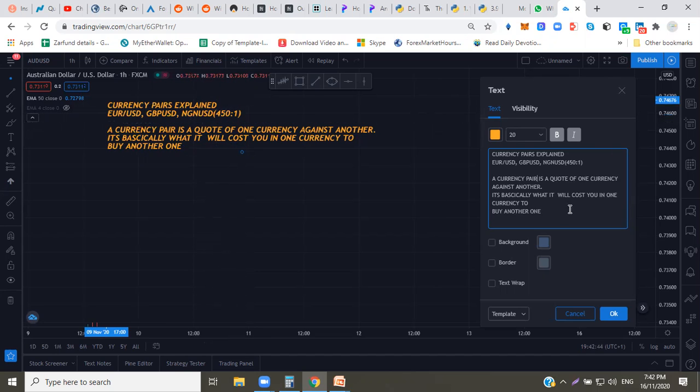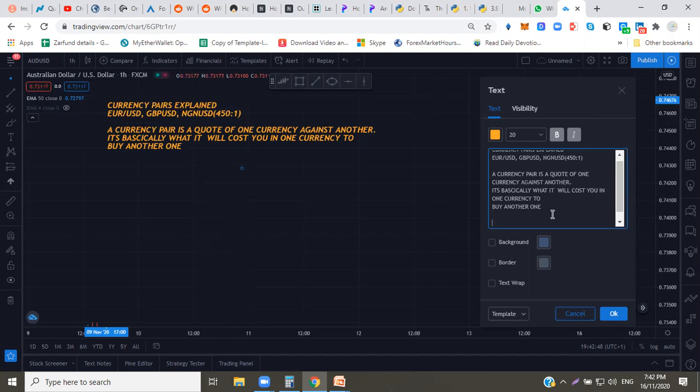So basically, many times you will find another example. The one I just gave you is for the Naira. This one is not very popular. It's only popular in Nigeria, right? But then you will find a very popular one like Euro USD, maybe 1.13000.